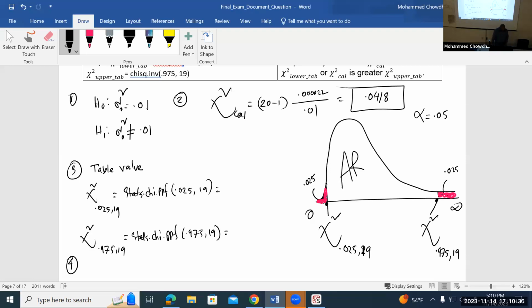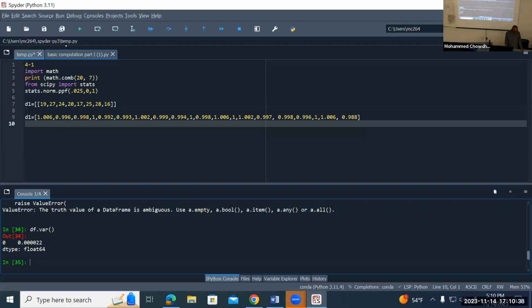Okay, let's check whether my code is fine. I just wrote it based on assumption. Let's check whether my code is okay or not.